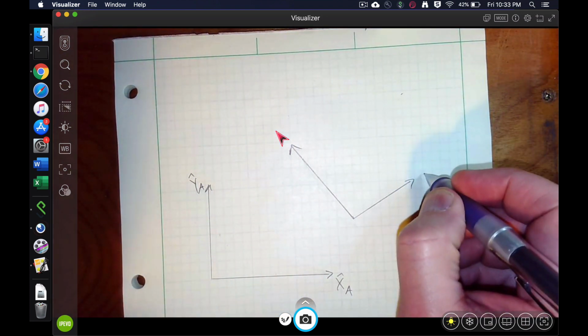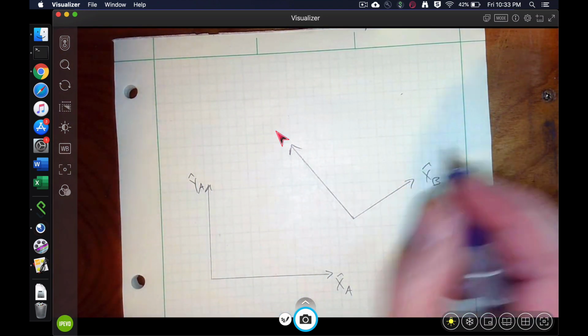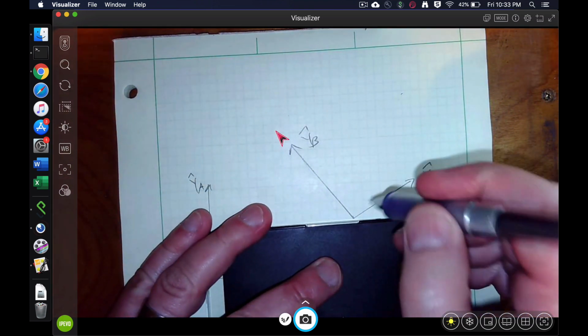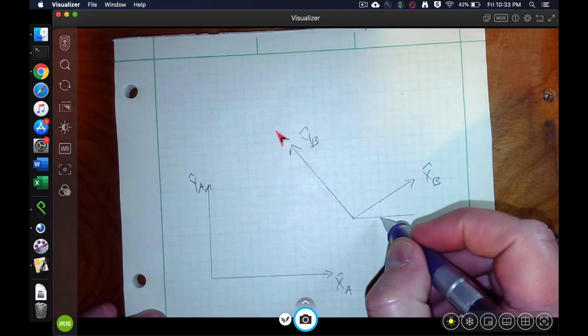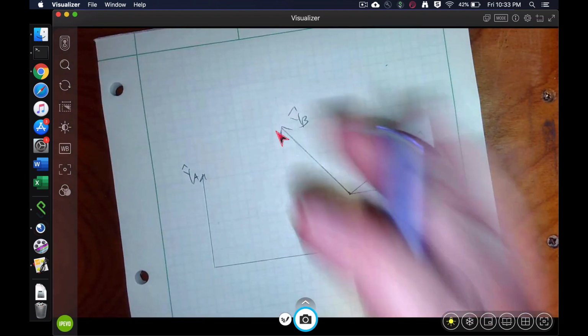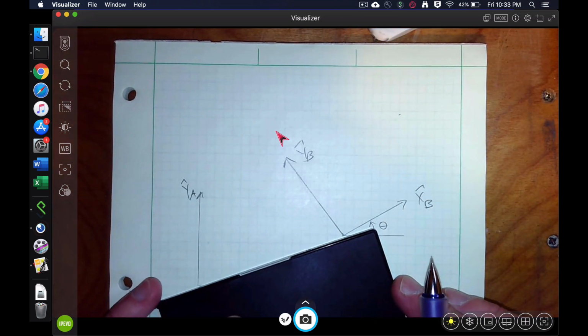So the idea here is that we would have some X_B hat, Y_B hat, with some angle of rotation about the Z axis, the Z_A-Z_B axis.